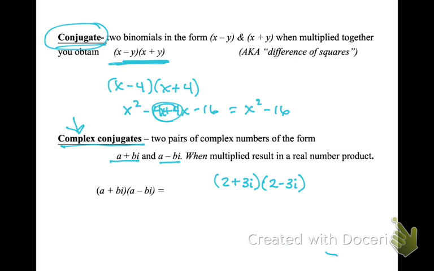So when I multiply that out, I get 4 minus 6i plus 6i minus 9i squared. Every time this is going to happen, the middle terms zero out. What does i squared equal? So I have a negative 9 times negative 1, which gives me positive 9. So my answer is 13.